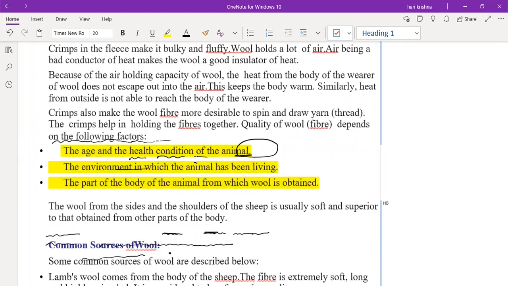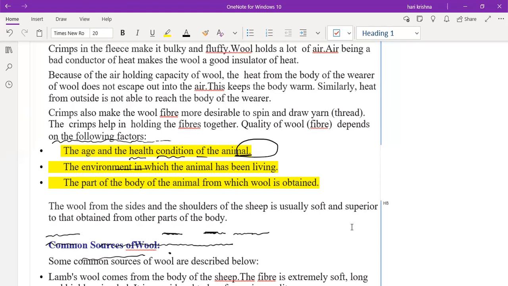Sir, if it depends on the age and health condition of the animal, is there good wool in the young age or the old age of animals? That means the young animals will have the good quality of wool, right, compared to the old age animals? Okay, sir.